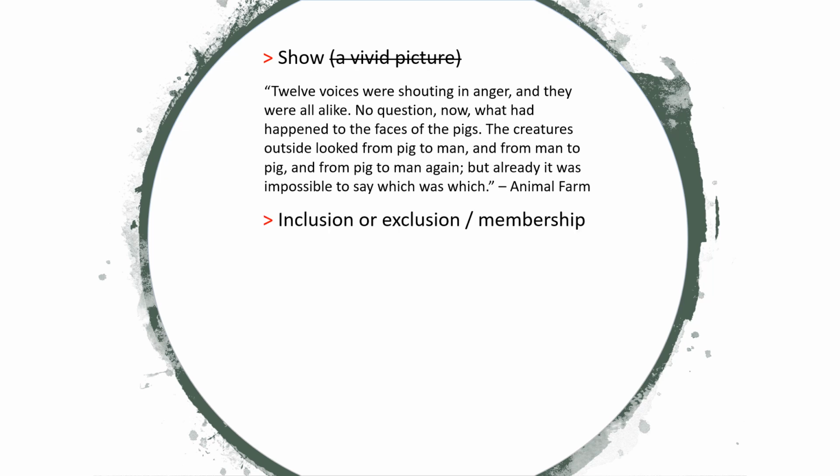And it doesn't only show a particular picture, it also gives us an idea that something is being included or being excluded. It talks about membership between terms in a selection. So if we go back to this rather easy example here, we have: some third world states are developing economies. Our main terms here are actually third world states and developing economies, right?